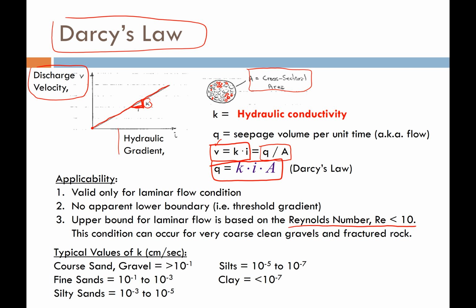If we get over 10 with our Reynolds number, then we no longer have laminar flow and Darcy's law does not apply. Here are a couple of typical values that you might be interested in, in units of centimeters per second, of hydraulic conductivities for various soil types.